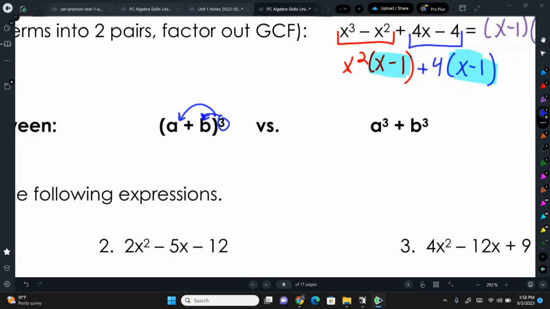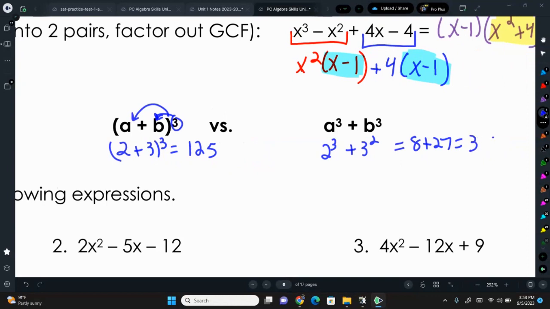If a is 2 and b is 3, (2 plus 3) cubed is 5 cubed, or 125, whereas 2 cubed plus 3 cubed is 8 plus 27, and that gives us 35. So those do not equal the same thing. These two are not equal.